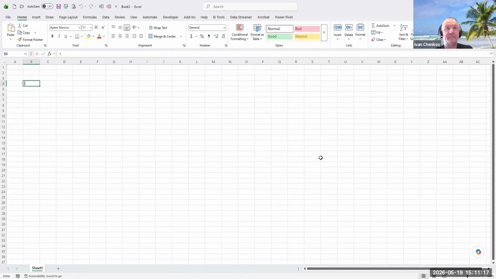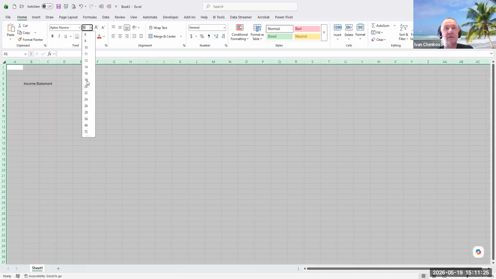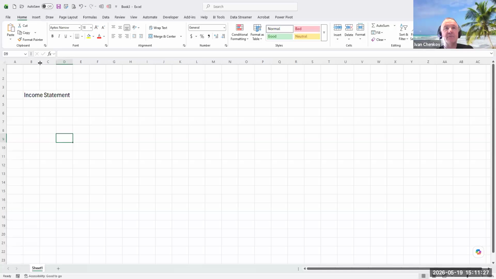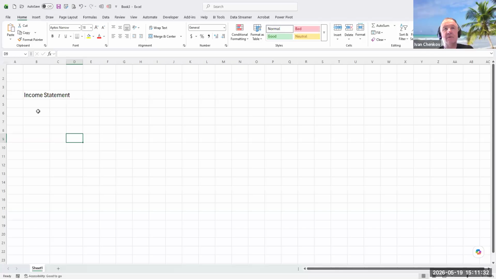On Thursday, you have to show me the income statement for the company. I know you cannot see because it's too small, but I'm going to make it bigger in a second. So you have to prepare the income statement for the company that I'm going to give you on the assignment.